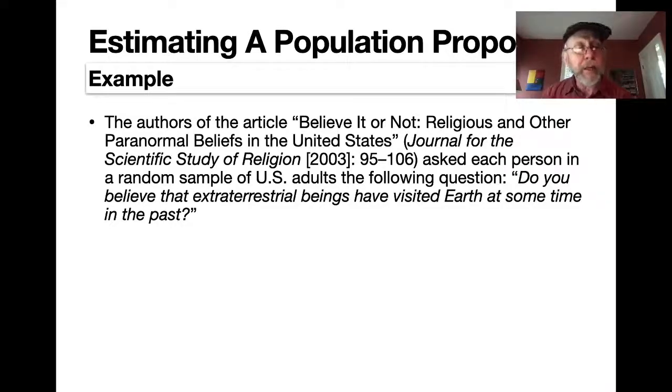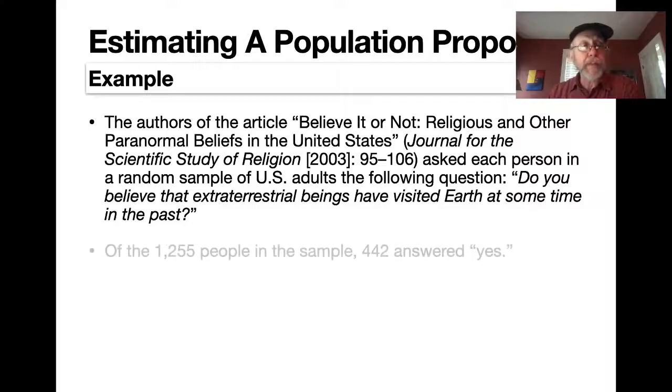Do you believe that extraterrestrial beings have visited Earth at some time in the past? And so this was one of the kinds of questions that was asked in this article, and we're going to focus on that to show how we can develop the ideas of a confidence interval for a population proportion. It turned out that in this research article, there were 1,255 people who answered this question, and 442 of them answered yes.